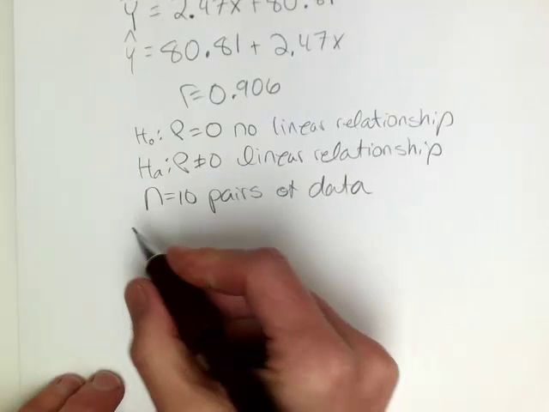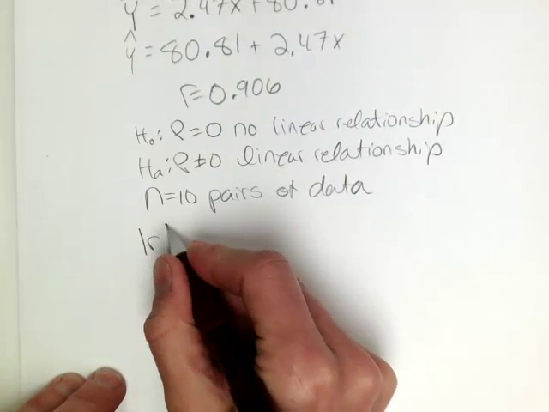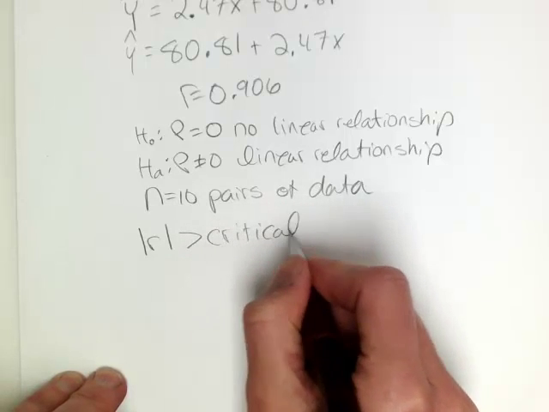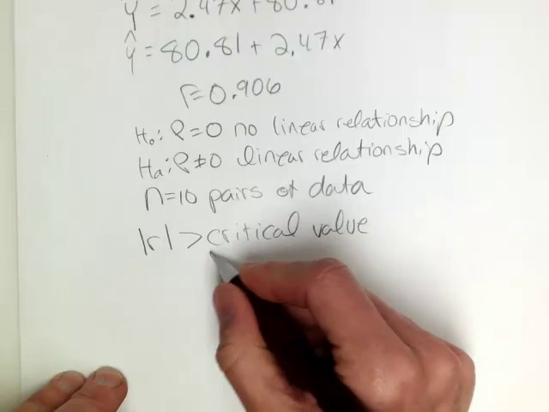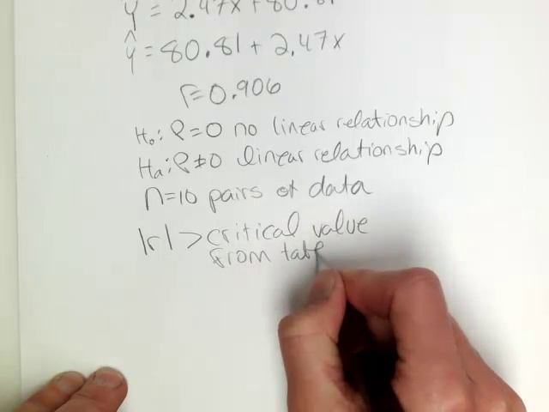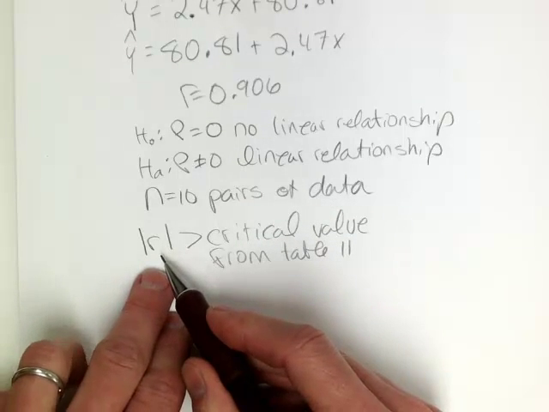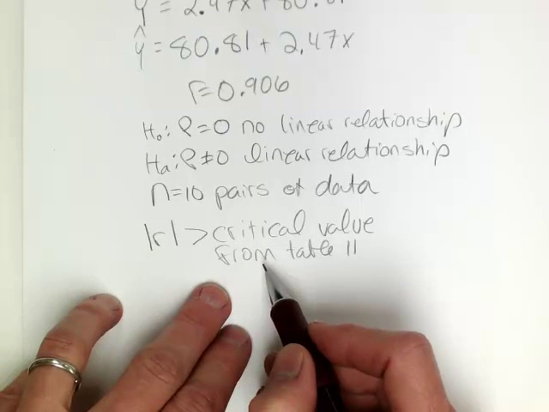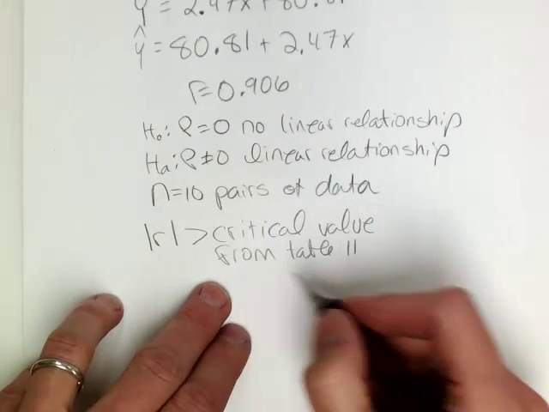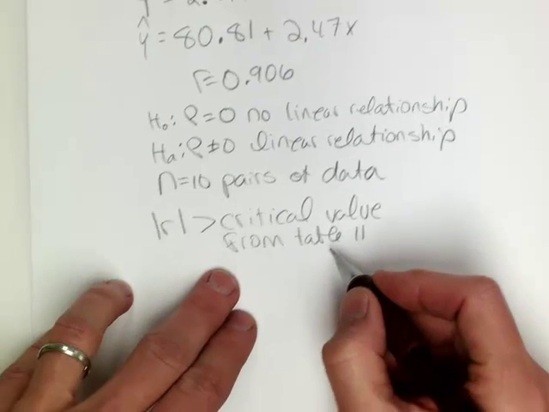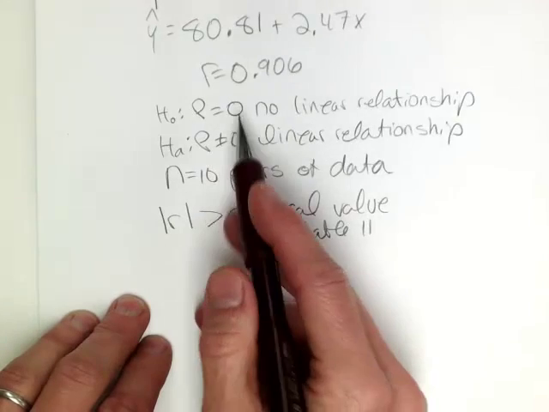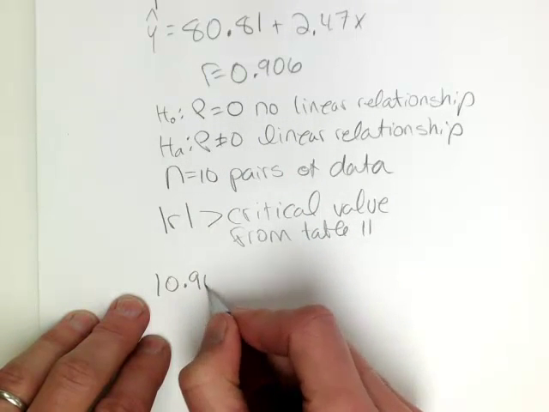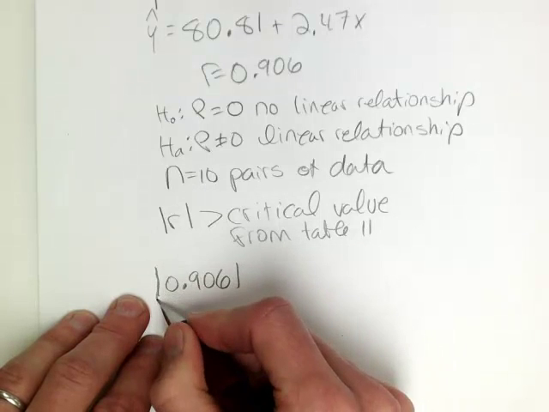So we want to compare the absolute value of R to a critical value from table 11. If R, in terms of absolute value, is greater than the critical value from table 11, then we can say we have a linear relationship. Our R value was 0.906, which indicates a positive linear relationship.